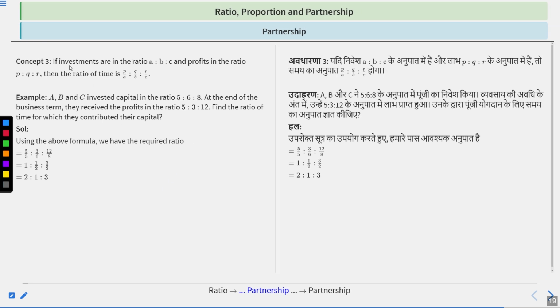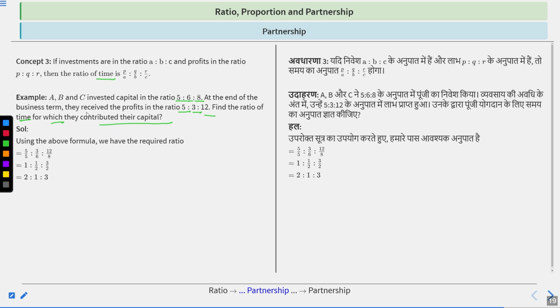Next one, concept 3. If investments are in the ratio A:B:C and profits in the ratio P:Q:R, then the ratio of time is P by A ratio Q by B ratio R by C. For example, A, B, C invested capital in the ratio 5:6:8. At the end of the business term, they receive profit in the ratio 5:3:12. Find the ratio of time for which they contributed their capital.